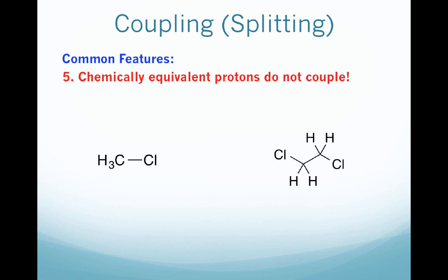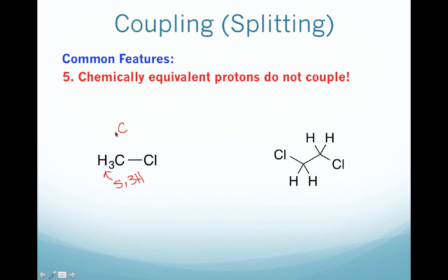The fifth thing to be aware of, which is something that you've sort of seen as we've gone through these examples, is the fact that chemically equivalent protons do not couple. So in methyl chloride, this CH3 group will show up as a singlet, integrating for 3 hydrogen. These protons are separated from one another by 2 bonds.